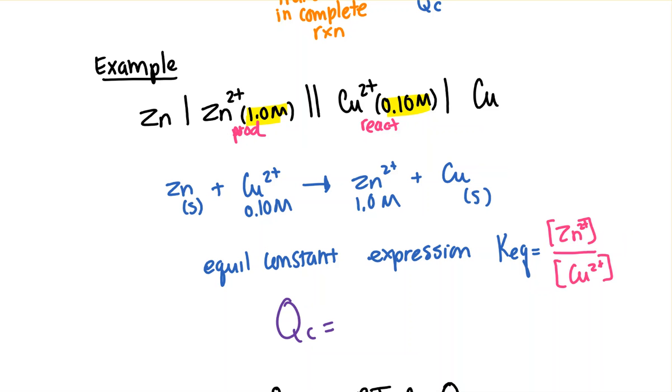So basically my Qc is the same thing, just with the starting concentrations. So I'm going to put my zinc on top, divided by my copper. And I get 10.